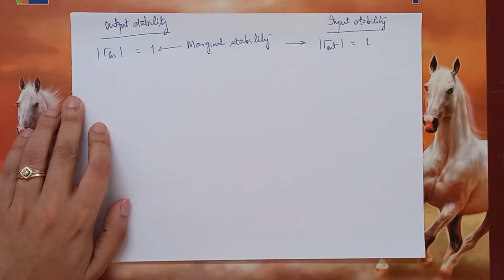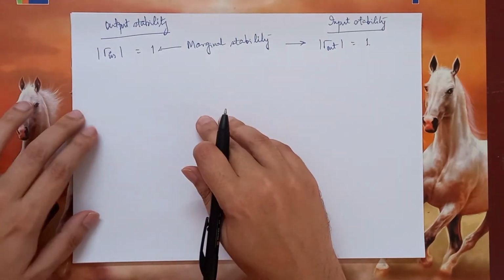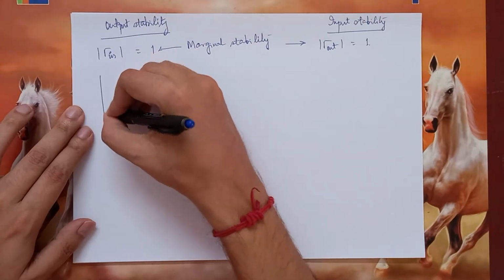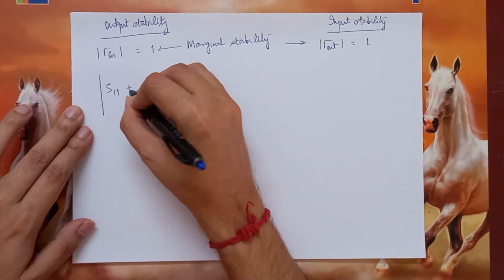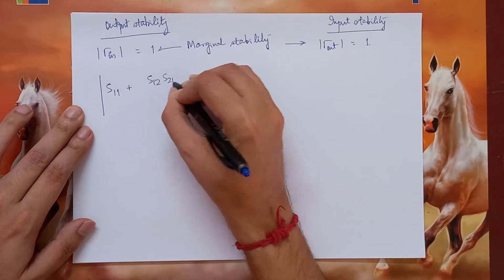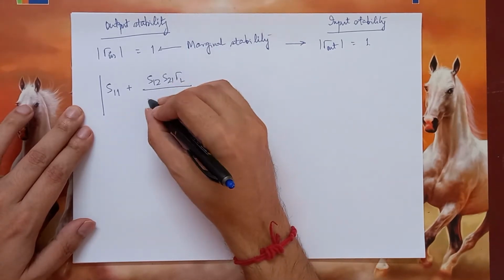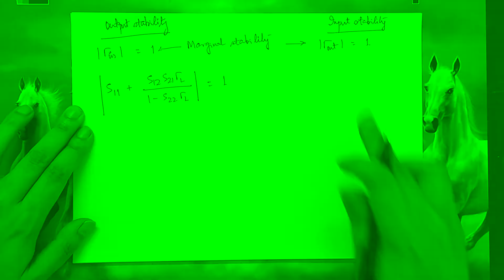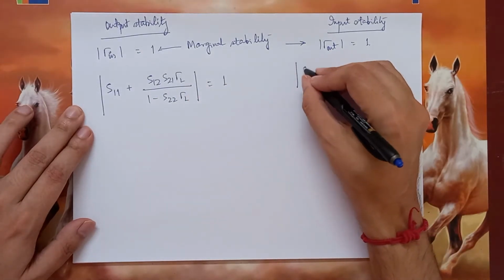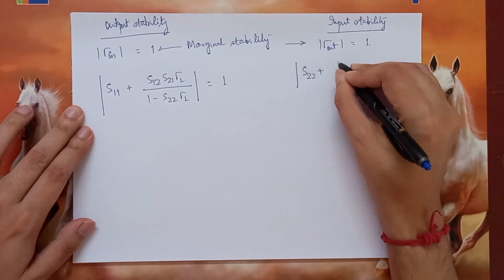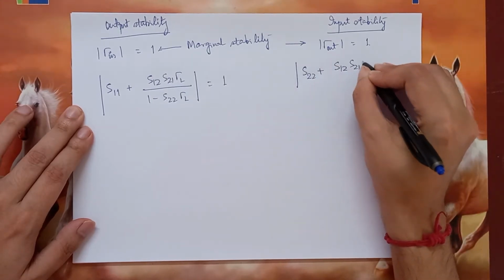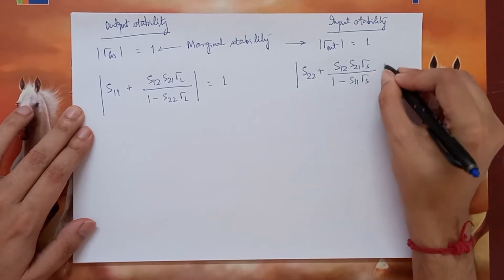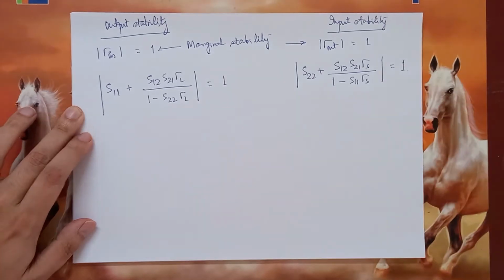So we substituted the formulae for the gamma in and gamma out, which was something like this. This would be 1, and on the input side, this magnitude would be 1.